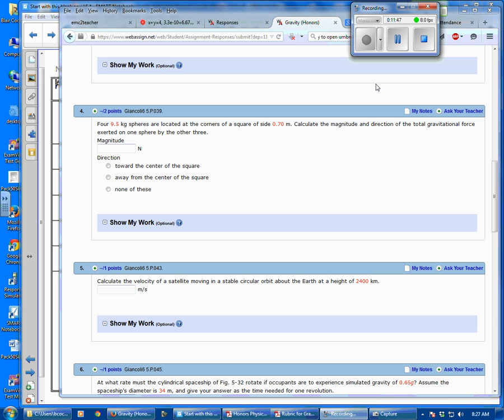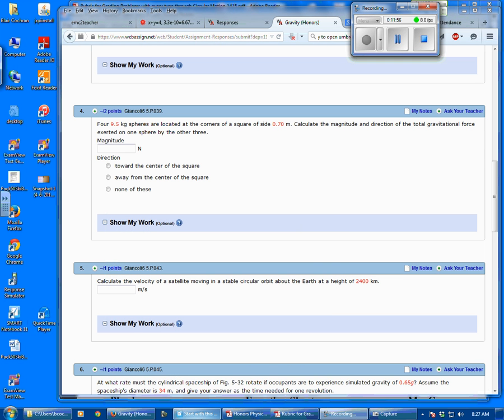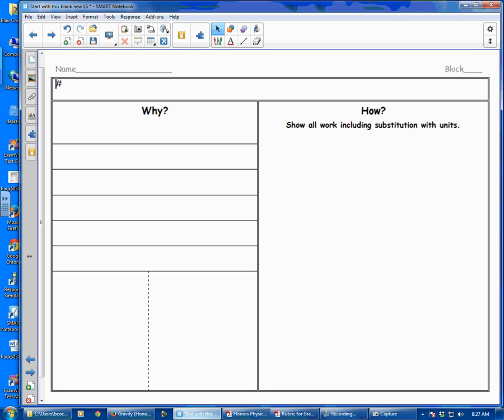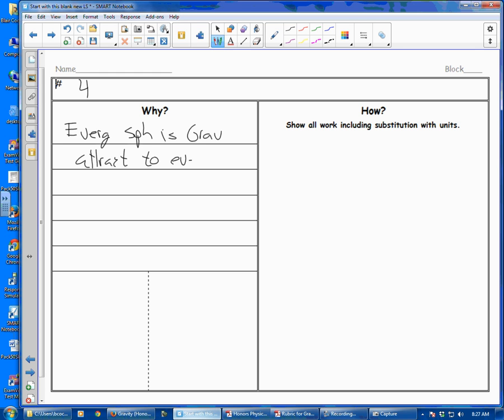We've got these 4 spheres located at the corners of the square, and so my y would be things like every sphere is gravitationally attracted to every other sphere.